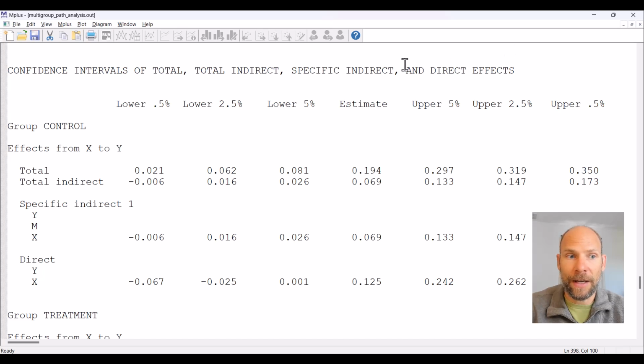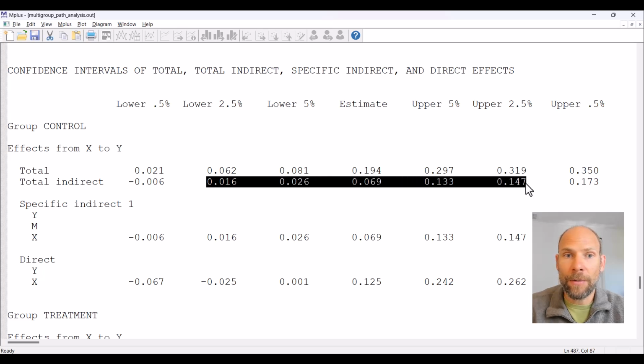indirect, and direct effects. And so here we find again the point estimate of our indirect effect A times B, and when we look at the 95% confidence interval, so again we're looking at lower 2.5% and upper 2.5%, which are the limits of a 95% confidence interval, we can see that the 95% confidence interval ranges from 0.016, which is slightly above 0, to 0.147, which is obviously also above 0, and so this means this confidence interval does not include 0.